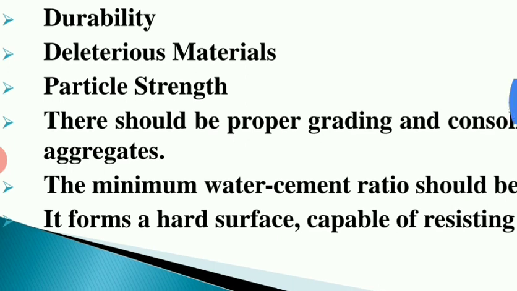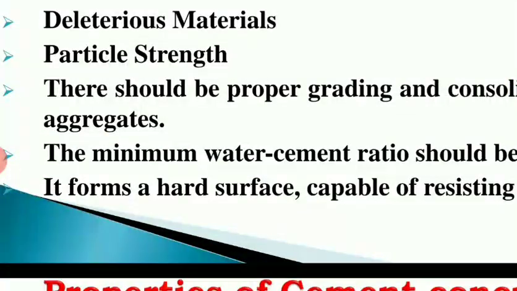And then the next property, that is deleterious material. The aggregates should be free from potentially deleterious material. Deleterious materials are nothing but clay lumps, shells and other friable particles.